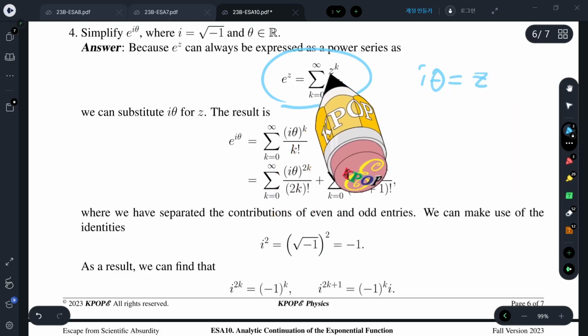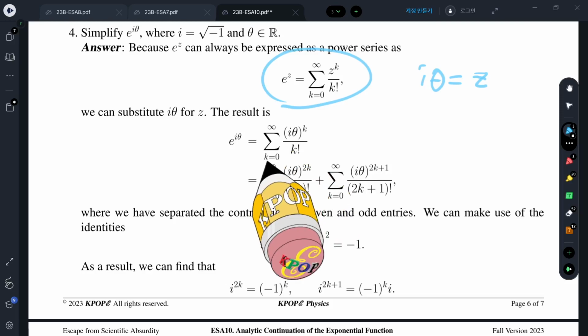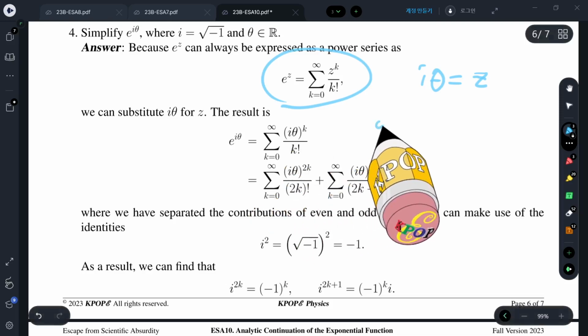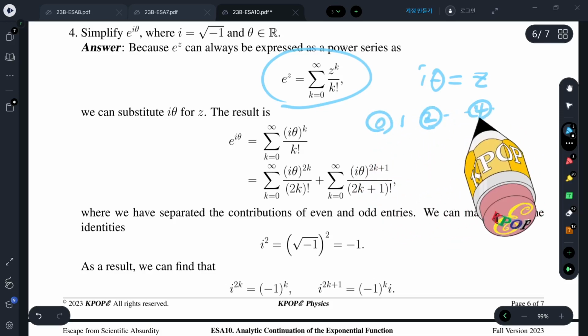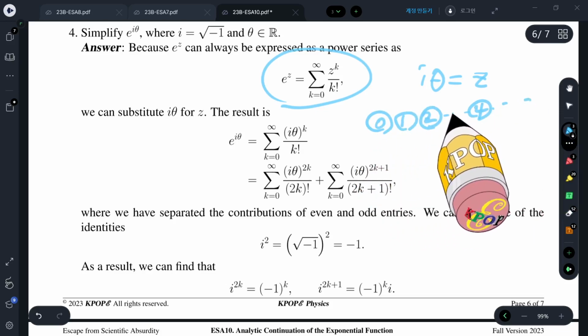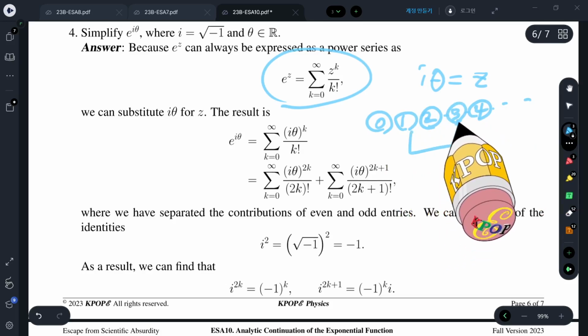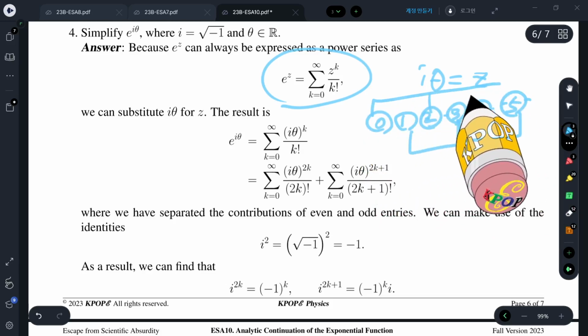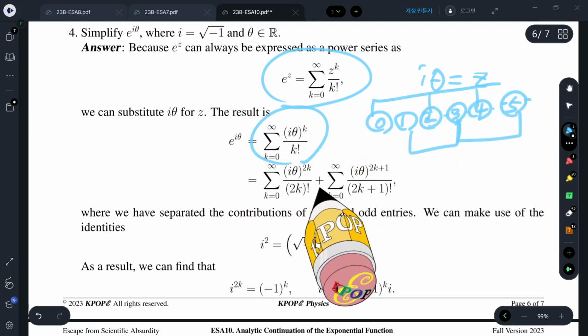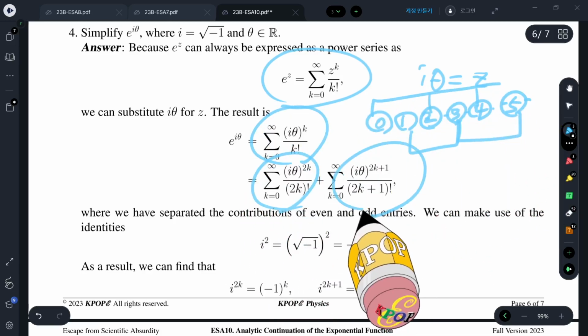And we can sum over k, and the k runs from 0 to infinity. So why don't we choose even numbers and odd numbers separately? And we divide this one into two pieces.